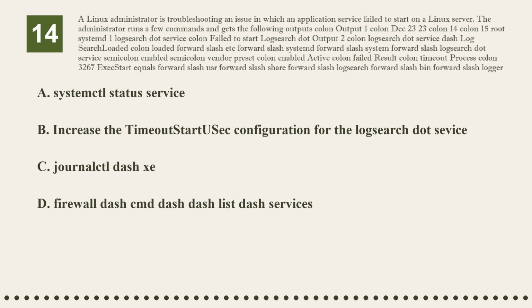The administrator runs a few commands and gets the following outputs: output 1, December 23 14:15 root systemd 1 logsearch.service failed to start logsearch. Output 2, logsearch.service loaded, /etc/systemd/system/logsearch.service, enabled, vendor preset enabled, active failed, result timeout, process 3267 ExecStart=/usr/share/logsearch/bin/logger.